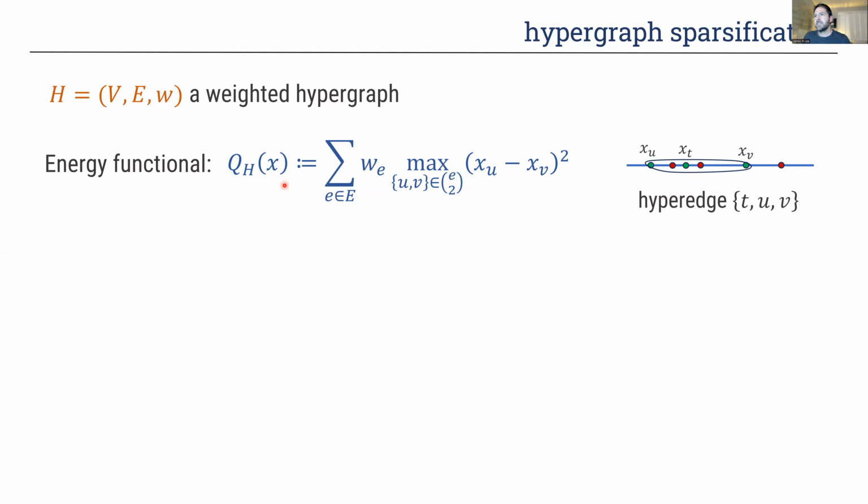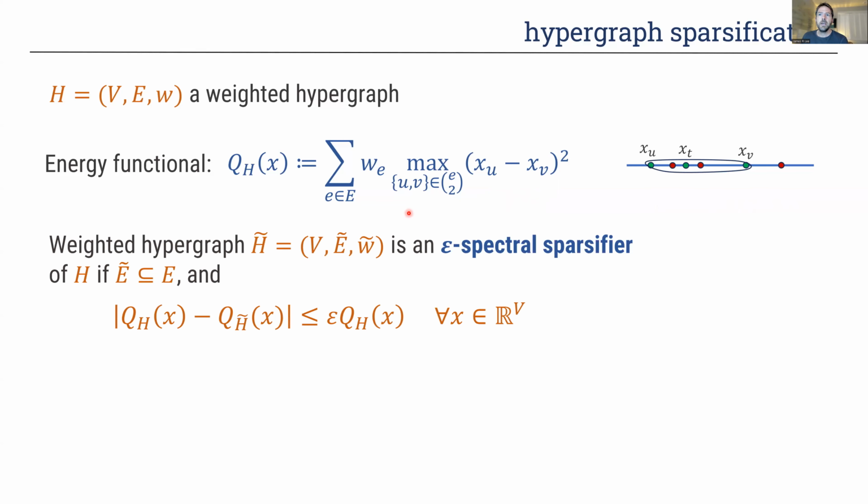If you think about the x's as assigning labels to the vertices, then adding this regularizer, which is a convex function of x, basically penalizes labelings that give divergent labels to the members within a single hyperedge.